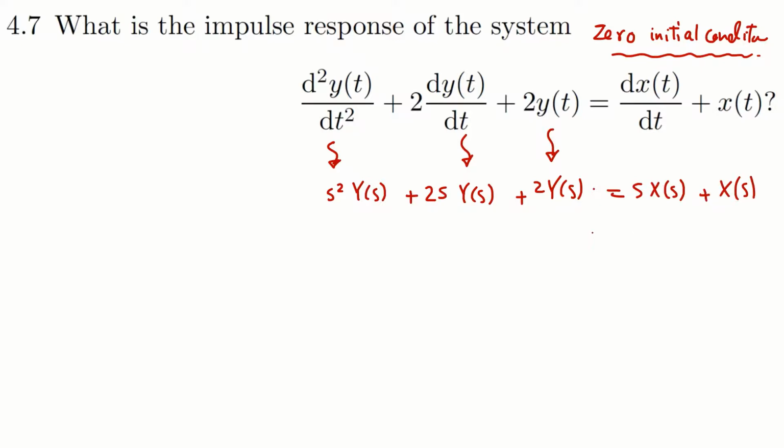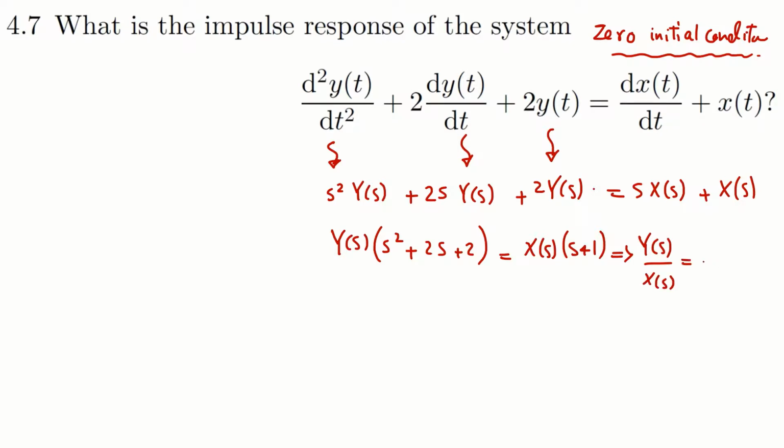Now I should isolate Y of s on the left side and X of s on the right side. So I would have Y of s times s squared plus 2s plus 2 equals X of s times s plus 1. Based on this, I can write the ratio of Y of s over X of s equals s plus 1 over s squared plus 2s plus 2.